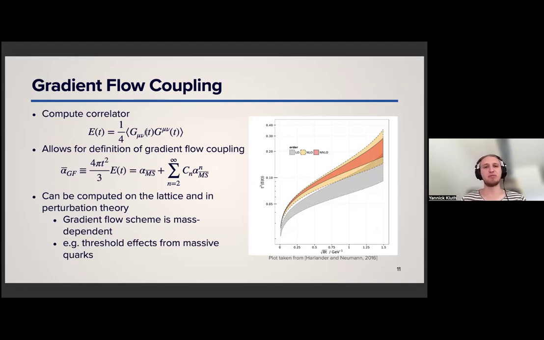And in minimal subtraction, of course, these threshold effects would be simply ignored. But we could see that in the gradient flow scheme, these threshold effects are arising. And therefore, we have a scheme that is sensitive to those effects. And therefore, it's very natural, of course, to ask whether this could also be useful as a scheme in gravity, where we want to be sensitive to these power law divergences to see some sort of UV fixed point.